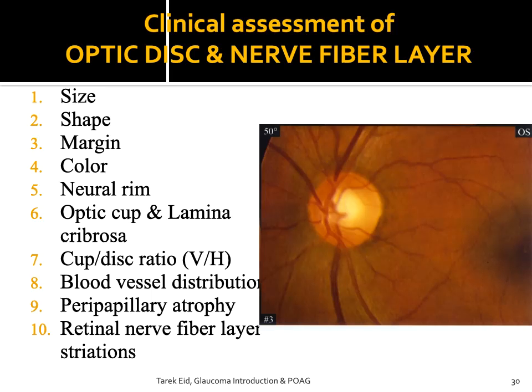Then we look at the peripapillary area; if there is atrophy around the optic disc, we call it peripapillary atrophy. After that we look at the striations of the nerve fibers which go through the superior and inferior poles corresponding to the upper and lower arcuate bundles, and these striations form hatchings over the blood vessels, which represent the retinal nerve fiber layer superiorly and inferiorly.